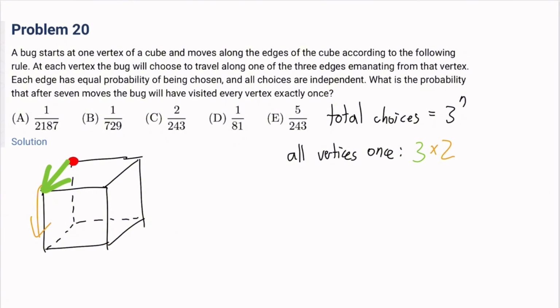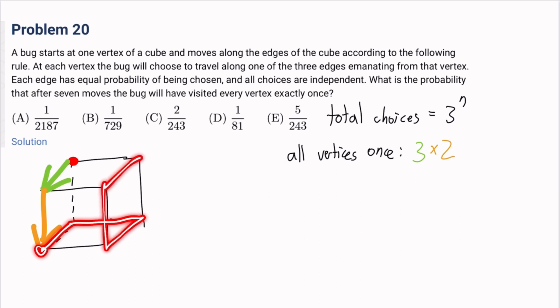And let's say that we chose this way, right? So we are here now, and we want to look at the number of ways that we can go to all the vertices and then just stay there, right? If we draw that out, we have one being from here like that, and there, and there, and there.